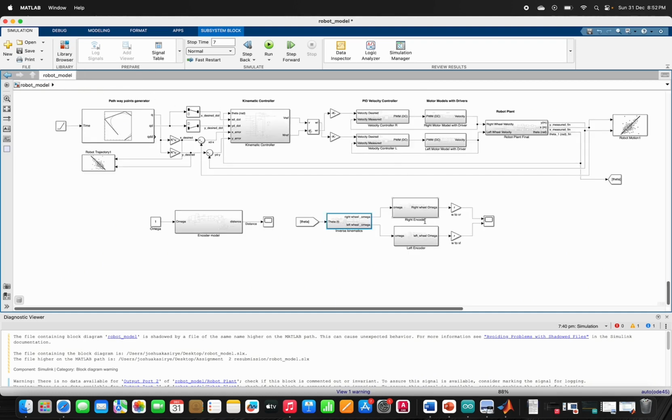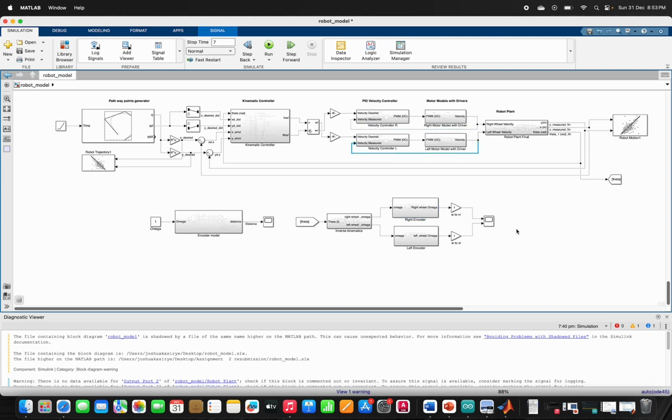That omega of the left and right wheels is fed into the encoder as earlier described, for both the left and right encoders, which give an output of again omega, but in this case this omega is from the encoders, and it is then converted to linear velocity, which is fed into the system.